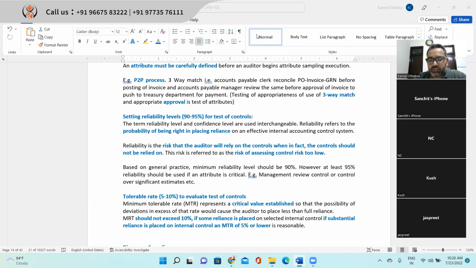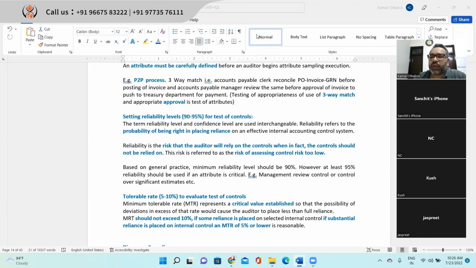So for reliability, how does this percentage come into the picture? Because either we rely on it or we don't rely on it. That's a very good point. When you are more than 90% confident that controls might be operating effectively, then you will be relying on control.